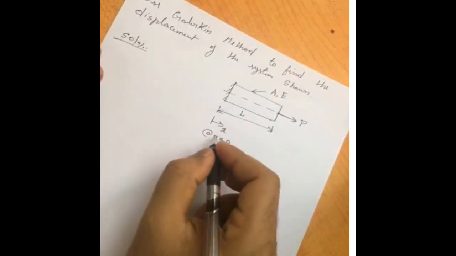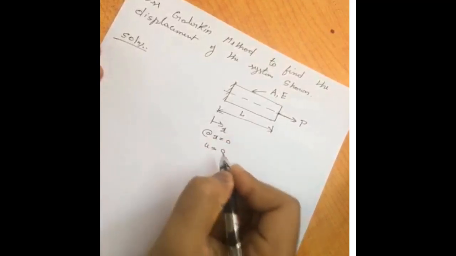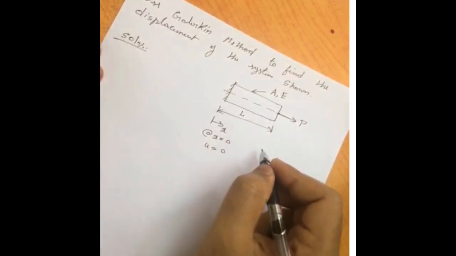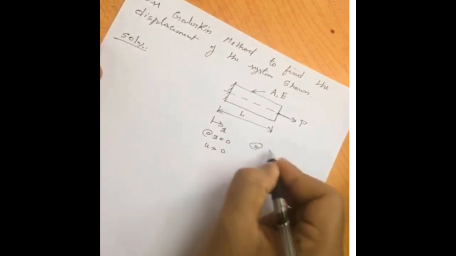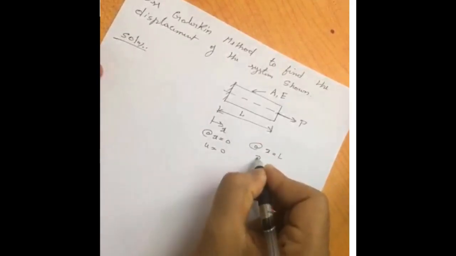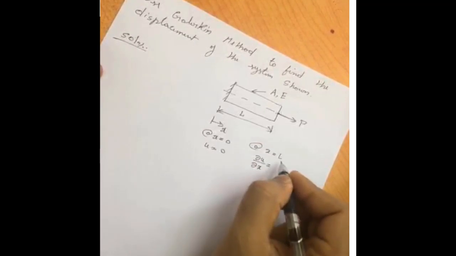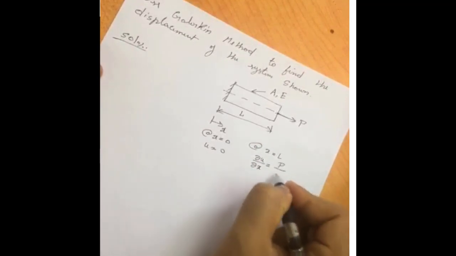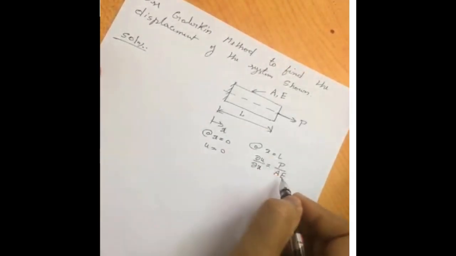At x is equal to 0, u is equal to 0. Now at x is equal to L, dou u by dou x is equal to P by AE. So these are the boundary conditions. This is nothing but stress is directly proportional to strain.